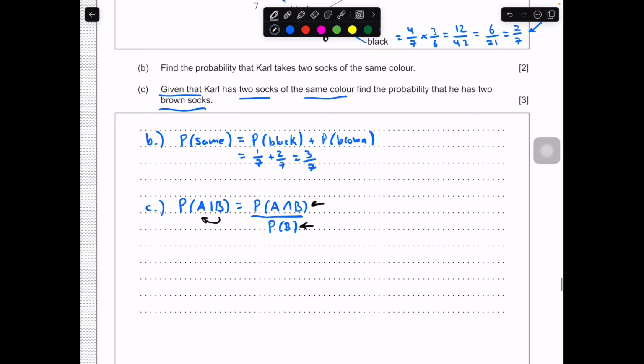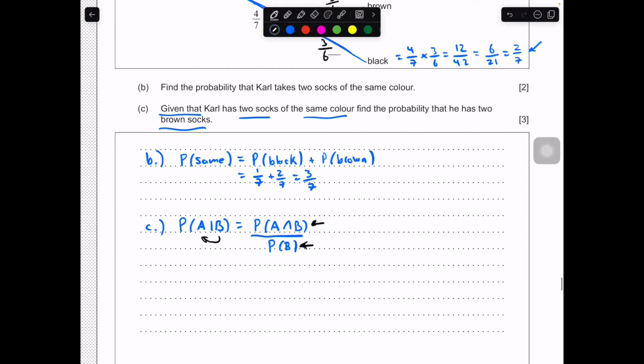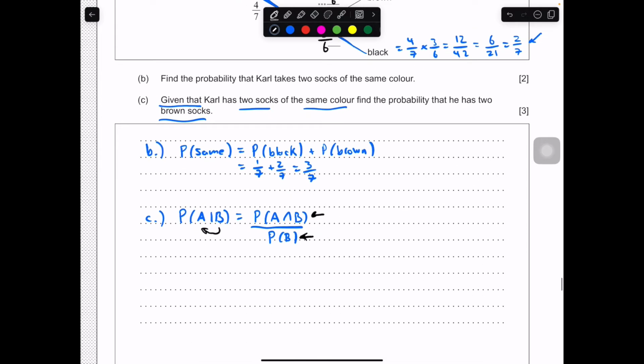So let's go ahead and work this out. To be honest, a lot of these questions with conditional probability are going to be easier to solve if we think about it conceptually. So the probability that he has the same socks: 3/7 of the time he has socks of the same color.